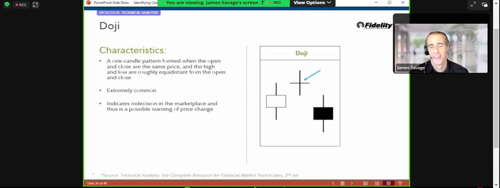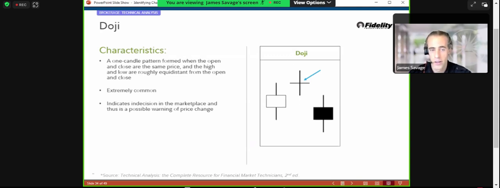It's an easy way to remember it, versus the gravestone doji at the bottom. If both of those appear at market tops or market bottoms, that could be the sign of a reversal. Typically, a dragonfly doji at a market bottom could be a sign of a reversal, and a gravestone doji at a top could be a sign of a reversal.